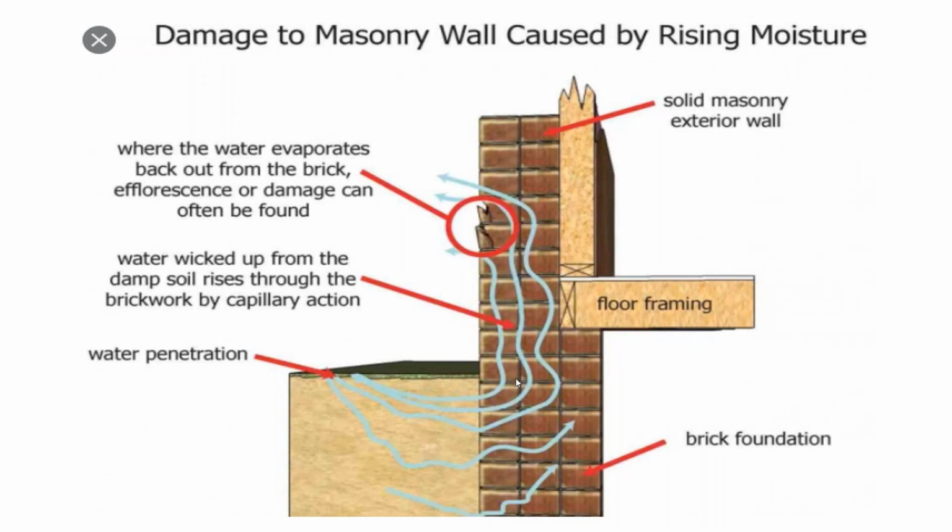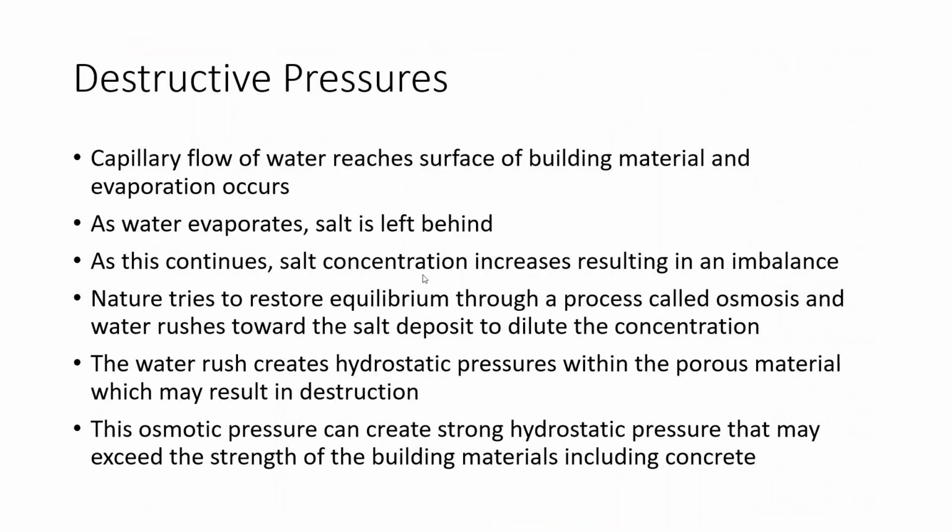So this is an example of how water is wicking through, and then we have the efflorescence and spalling coming out. This is kind of a good slide right here, because there are destructive pressures, and I'm going to explain this to you in one of the photos coming up.